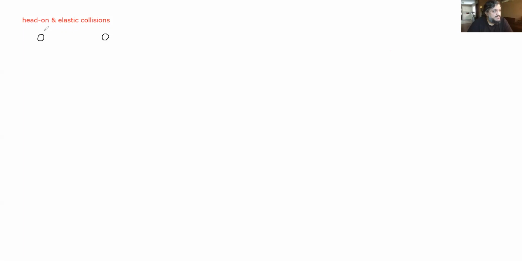So the masses are ma and mb, and the initial velocities are va1 and vb1. Okay, they may be in opposite directions or the same direction, doesn't matter.